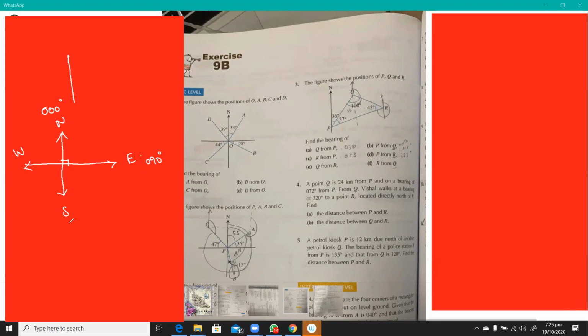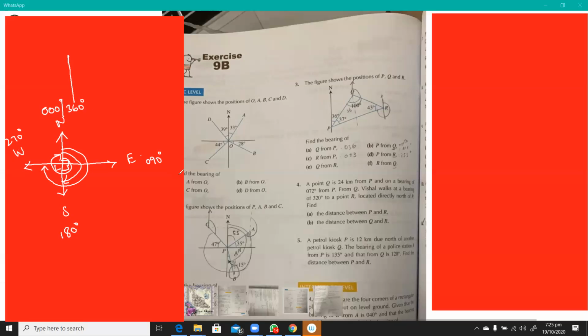Then the direction due south, there is another right angle, so this bearing is going to be 180 degrees. And then due west, there is another right angle over here, so this angle is going to be 270 degrees. And once again, due north can also be called 360 degrees.